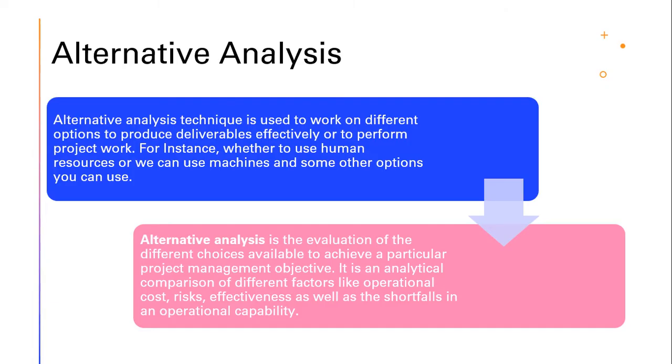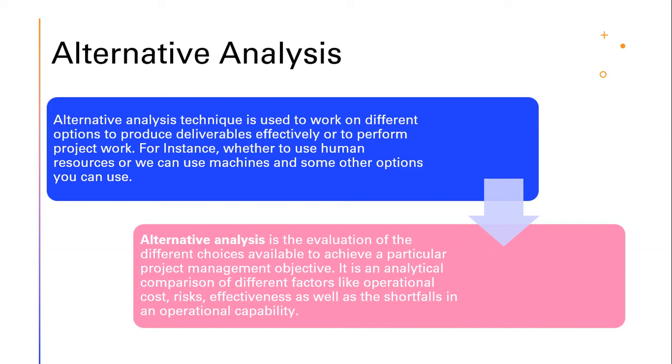Another tool and technique of estimate activity resources is alternative analysis. It's a technique used to work on different options to produce deliverables effectively or to perform project work. For instance, whether to use human resources or we can use machines or some other options you can use.